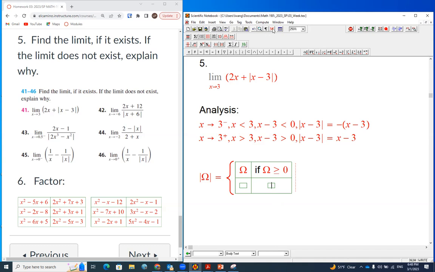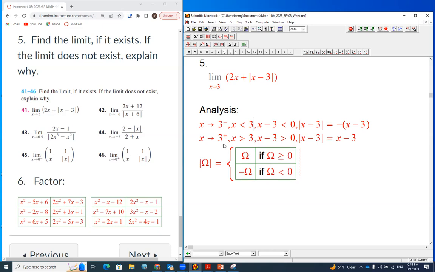If this number omega is less than 0, it's negative, then the absolute value of omega is going to be its opposite. So in our situation, this is the reason why.